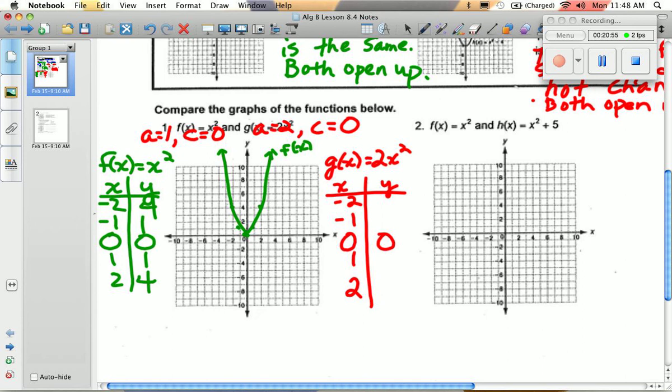Positive 4, and 4 times 2? 8. So when x is equal to -2, y is equal to 8. Okay, let's do -1. When x is equal to -1, -1 squared is 1, and 1 times 2 is 2.